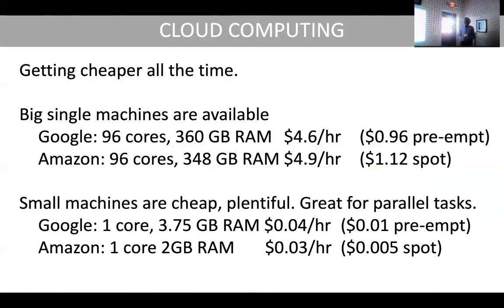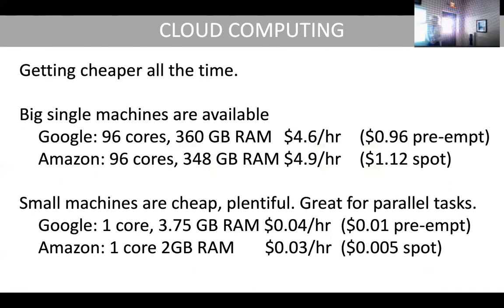One thing that's nice about technology in general is that it gets cheaper over time. With cloud computing, if you're on your laptop and you're trying to do something that's RAM bound, memory bound, you can go to the cloud and use a machine there, and you can get some enormous machines. I'm comparing Google and Amazon, or actually they're not directly comparable, but you can see here that you can get machines that have 96 cores.